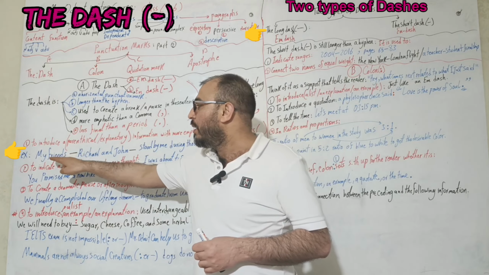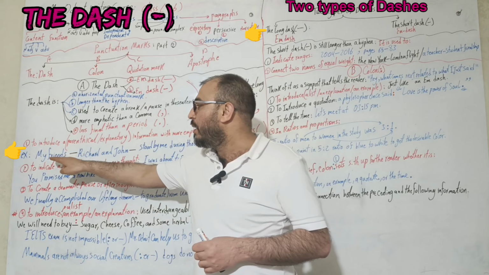The second use, my friends, is that we use the EM dash to indicate a sudden break or change in thought. Generally, the novelist always tries to make his or her novel look like a real situation, to make the reader enter the world of the story.